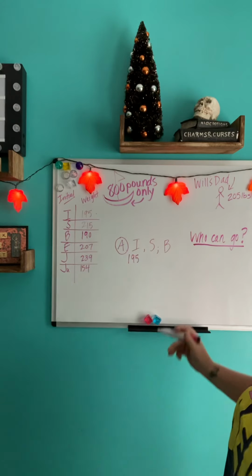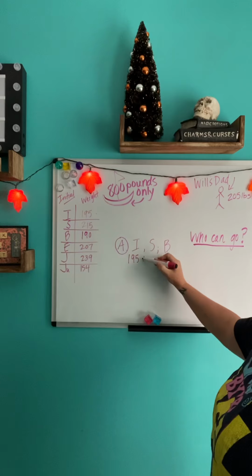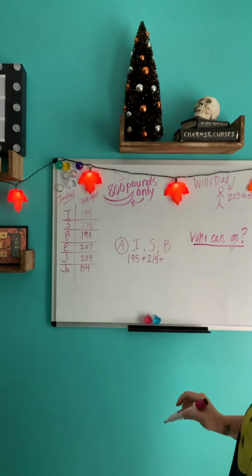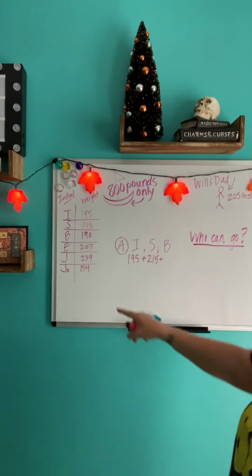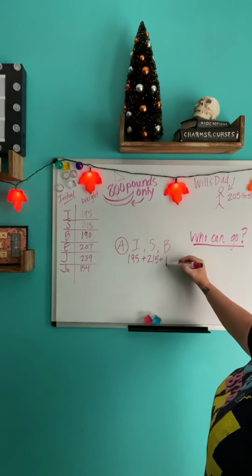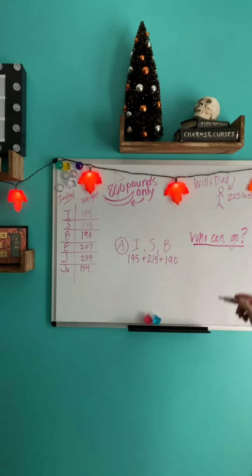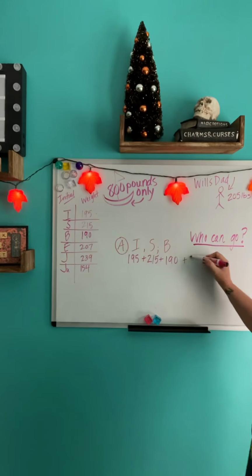S is Steve, and that would be 215. And B is Brad at 190. Now, don't forget, Will's dad, this is his trip. He's going to go. So you have to include his weight.